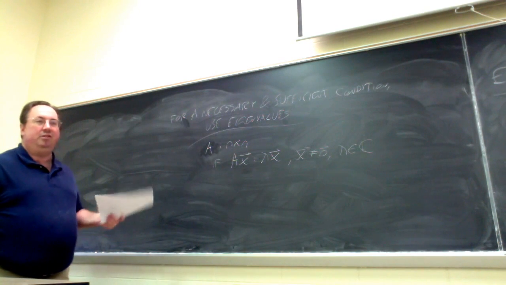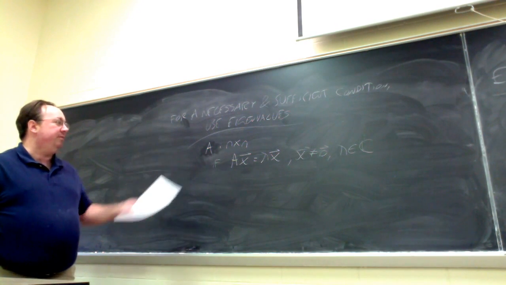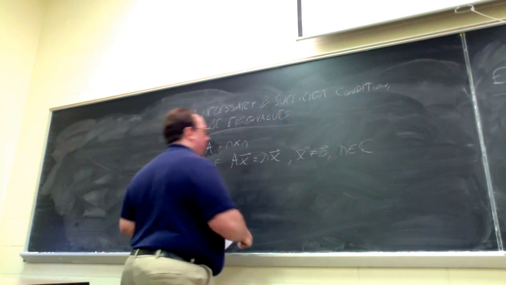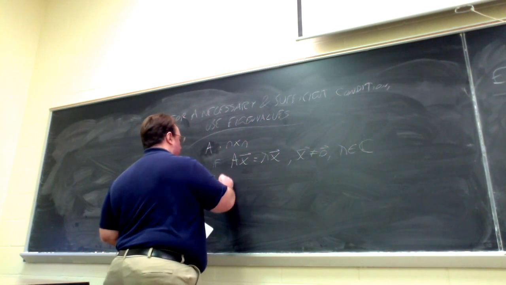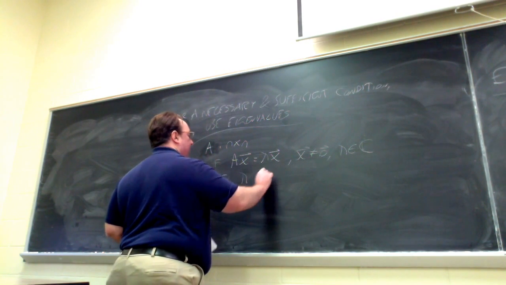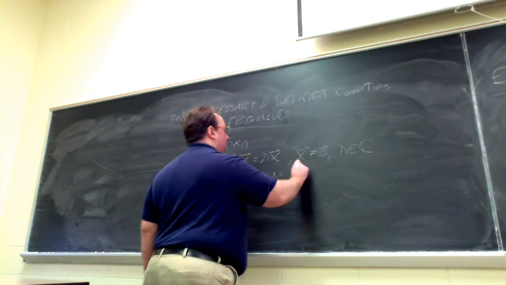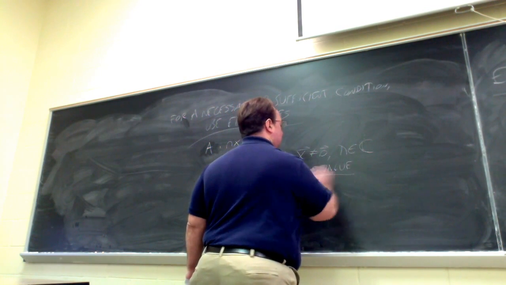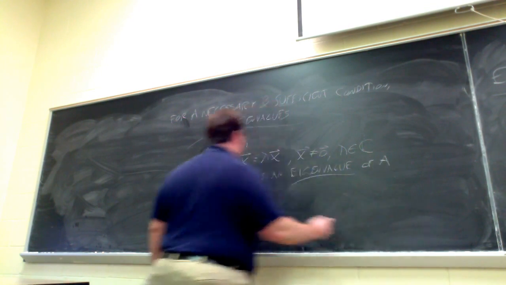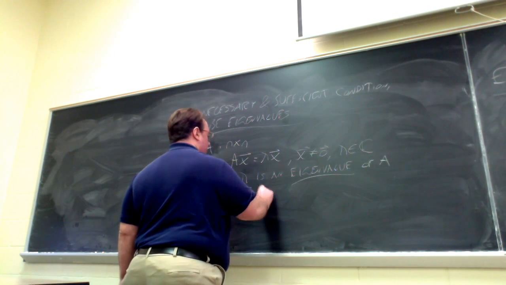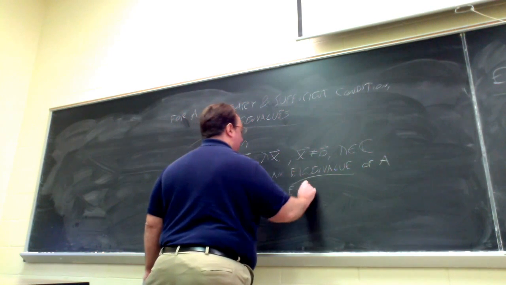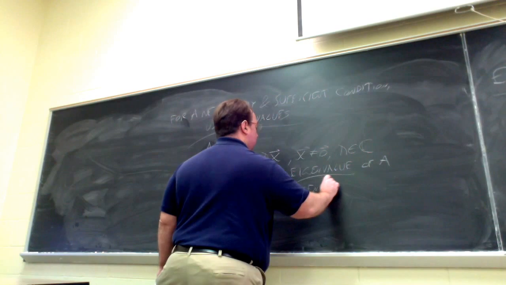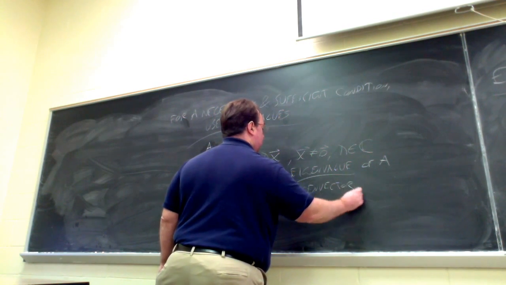It could be 0 or non-zero, doesn't matter. But if this equation holds, then lambda is called an eigenvalue of A, and x is an eigenvector.